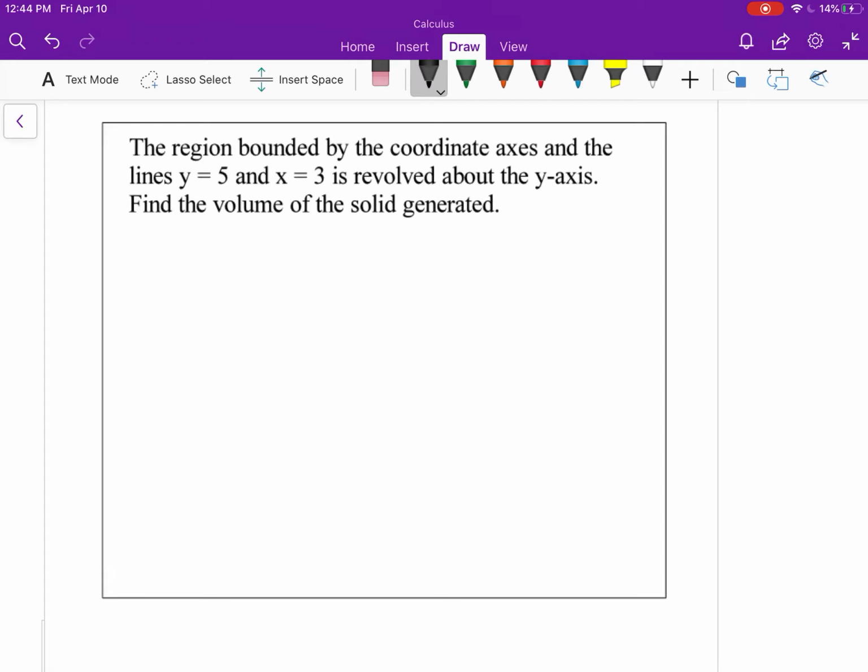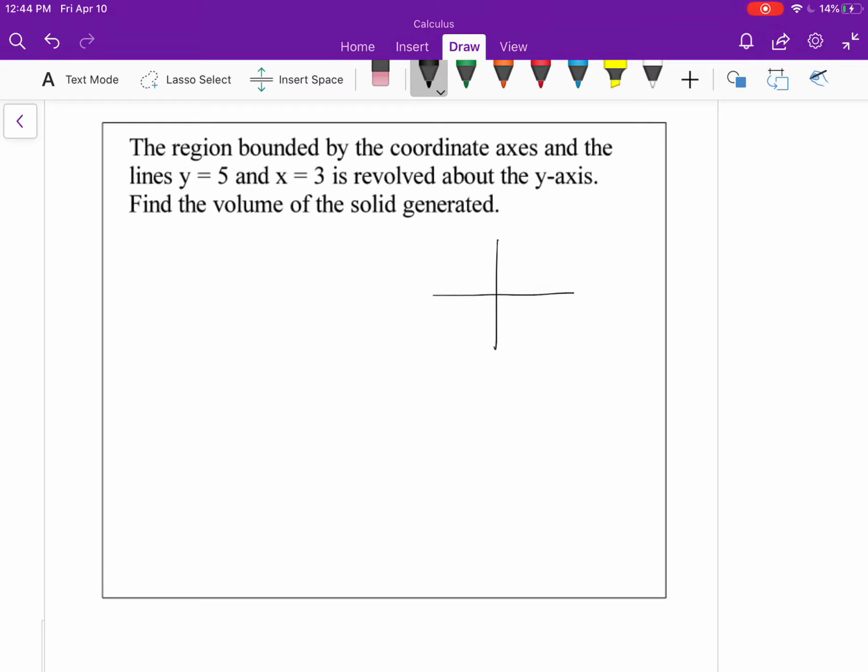So the region bounded by the coordinate axes, so the x and y axis, and the lines y equals 5 and x equals 3 is revolved about the y-axis. Find the volume of the solid generated. So it does help to sketch this, the region bound by the coordinate axes.